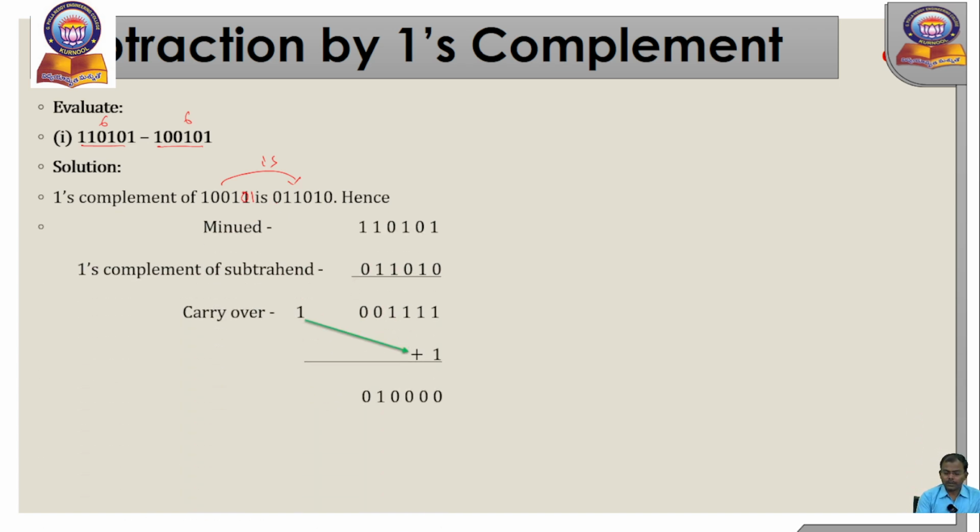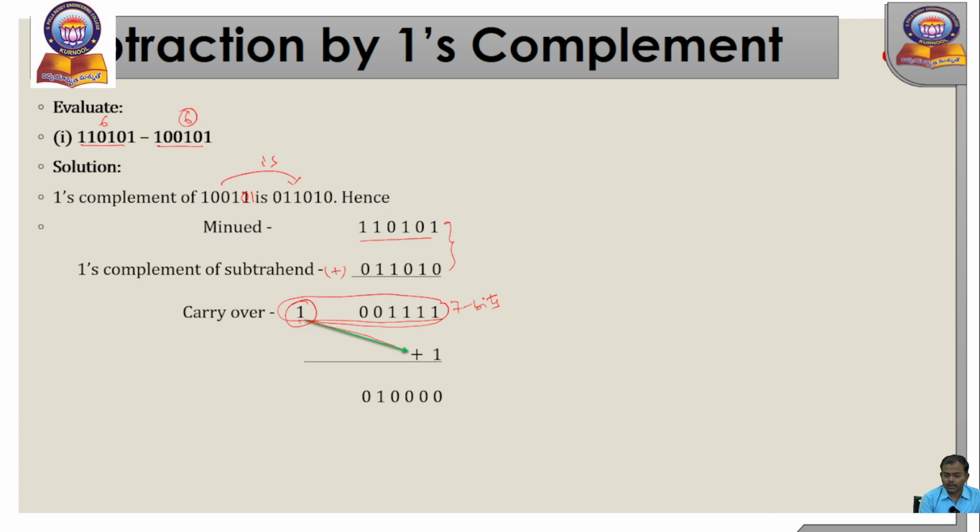Then I have to perform the addition of the minuend and the 1's complement of the subtrahend. So I got this result. You can observe both numbers are represented with 6 bits and the result has 7 bits, so it has generated one carry.